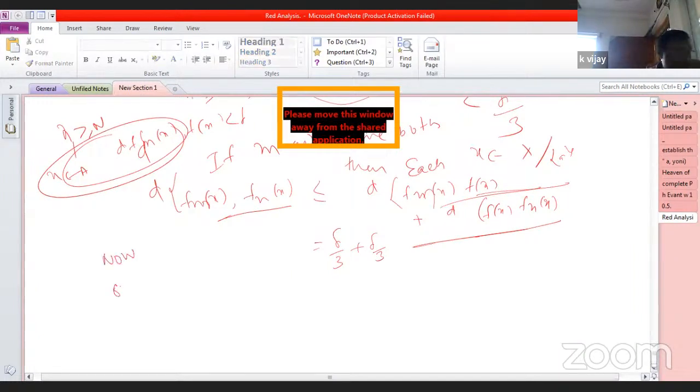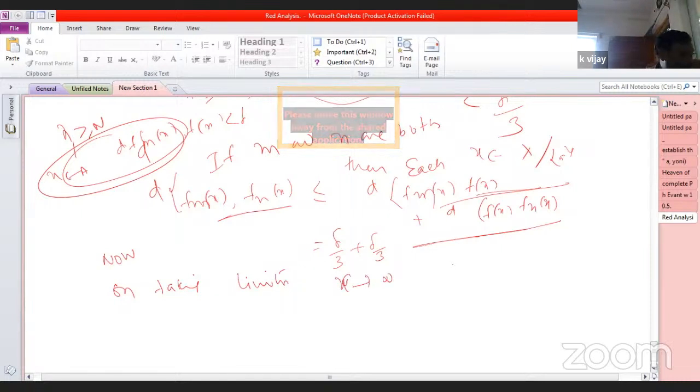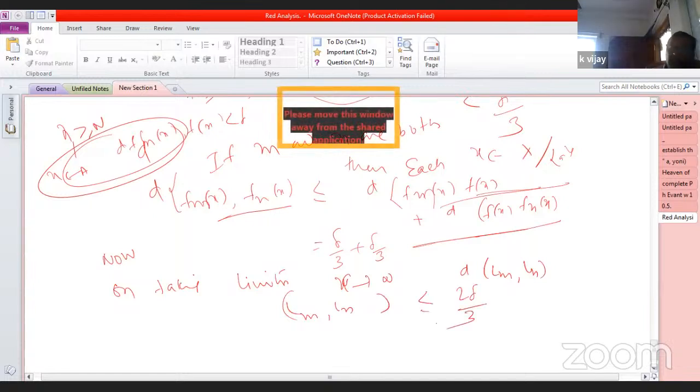Now on taking limits as x tends to a, d of lm comma ln, that is d of lm comma ln, we are writing here less than or equal to 2 delta by 3. Why? Because delta by 3 plus delta by 3 is 2 delta by 3.